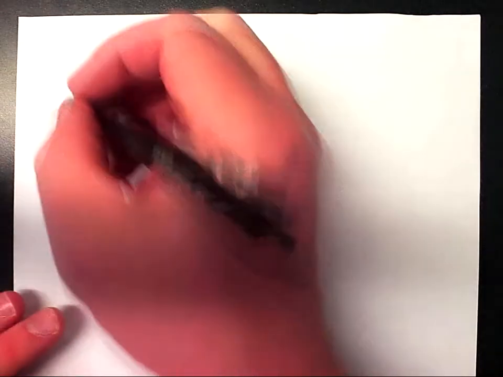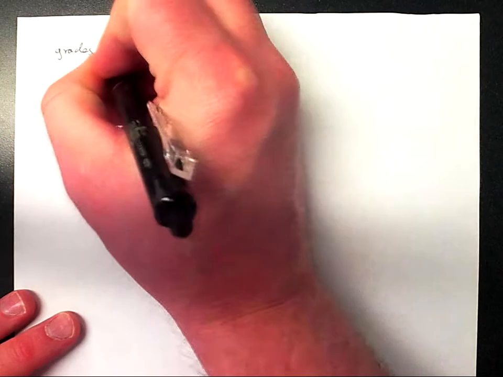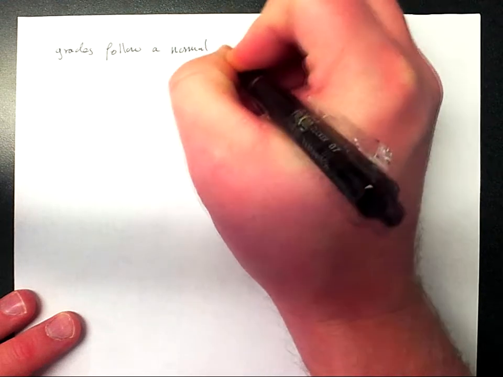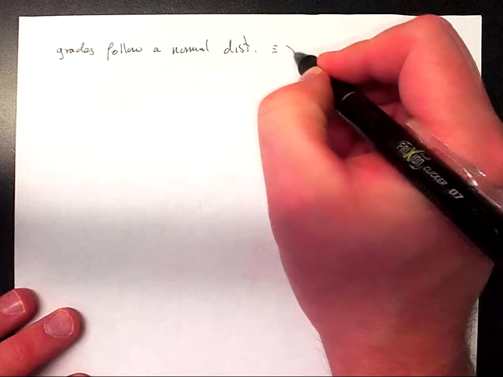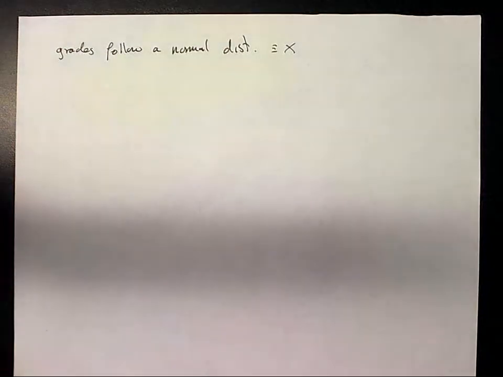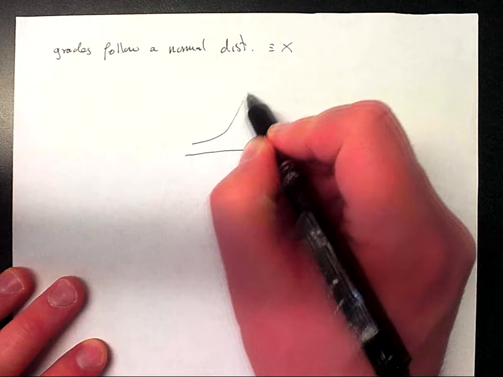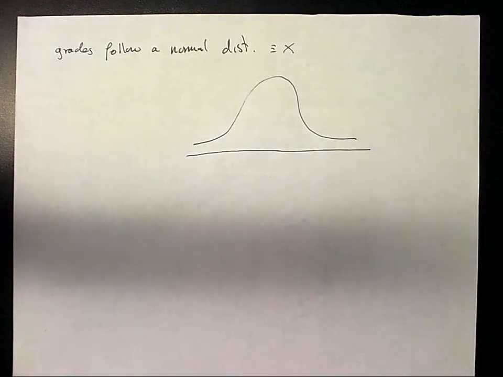Basically, what it's saying here is this. And of course, the main stipulation of this is that the grades follow a normal distribution. So our x is going to follow some kind of normal distribution. So if we have some normal distribution right here, let's think about this for a second.